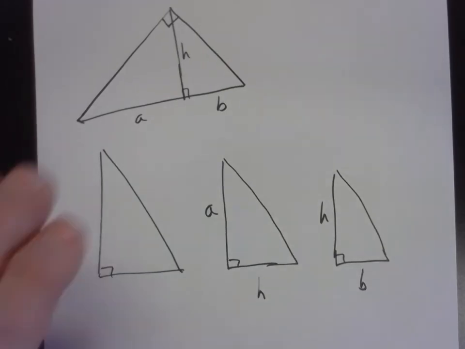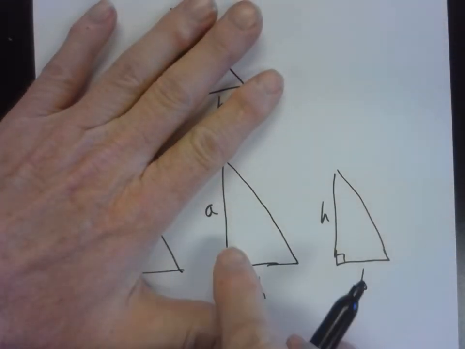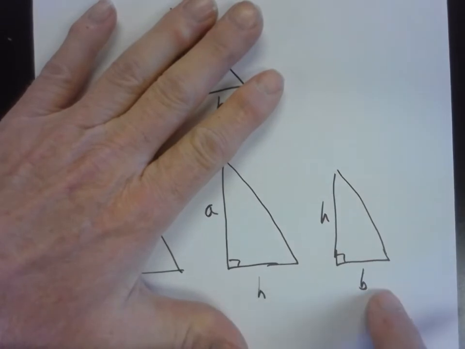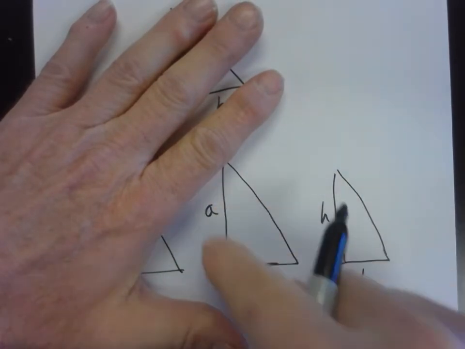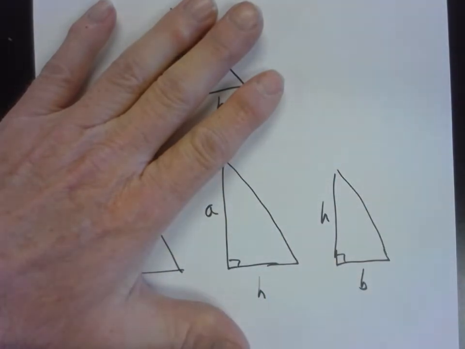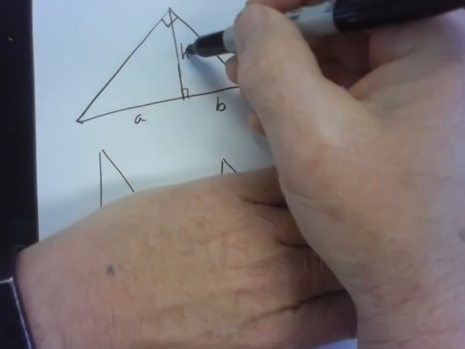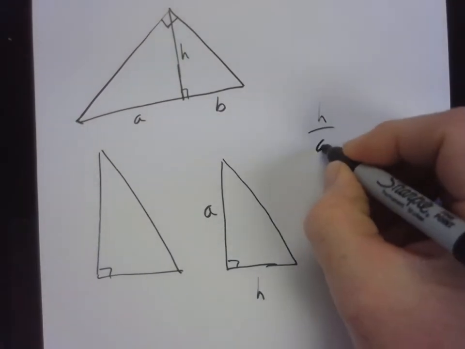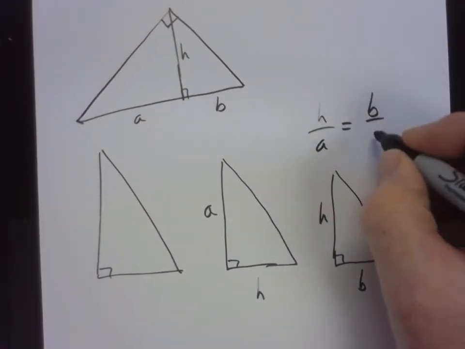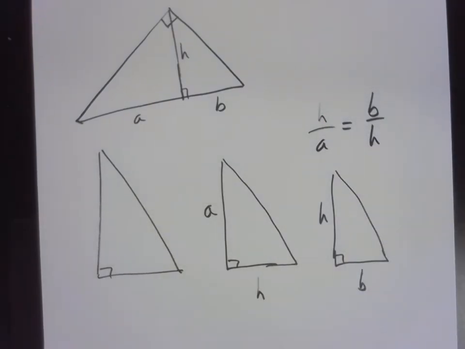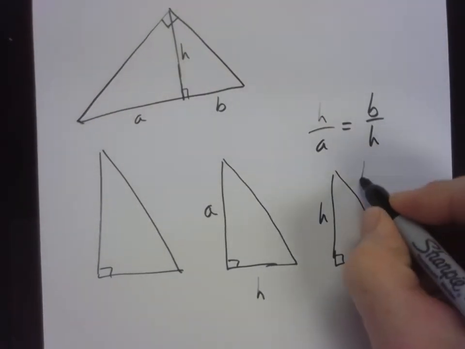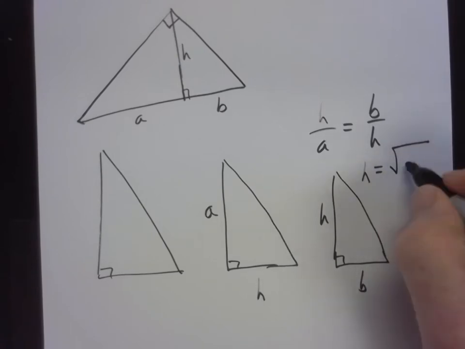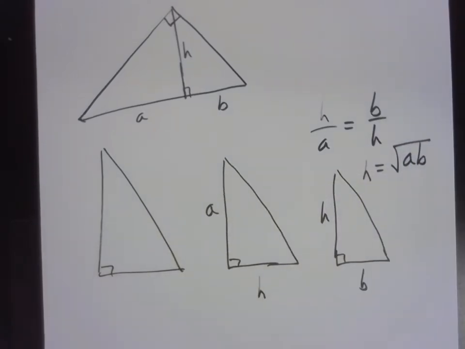Okay, so with just this, do you see how A over H equals H over B? Okay? So this is always true. And so H is the geometric mean of A and B. Now you can say H equals the square root of A times B, if you want to just get right to the point.